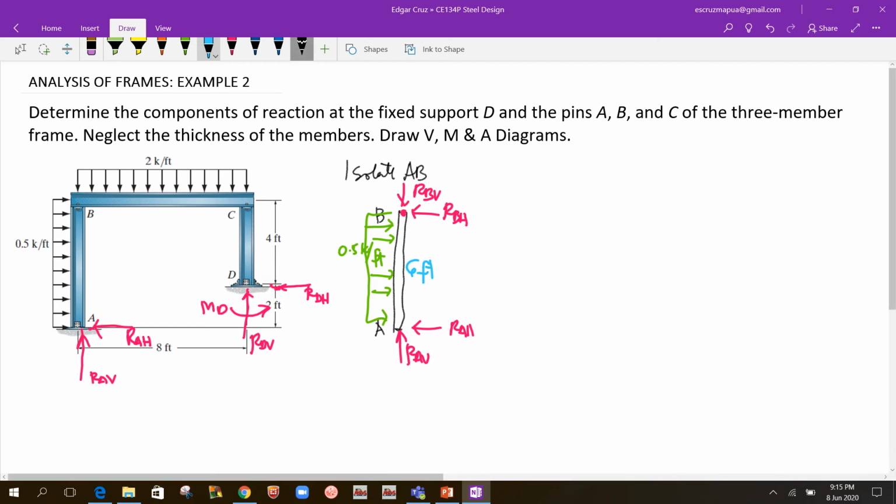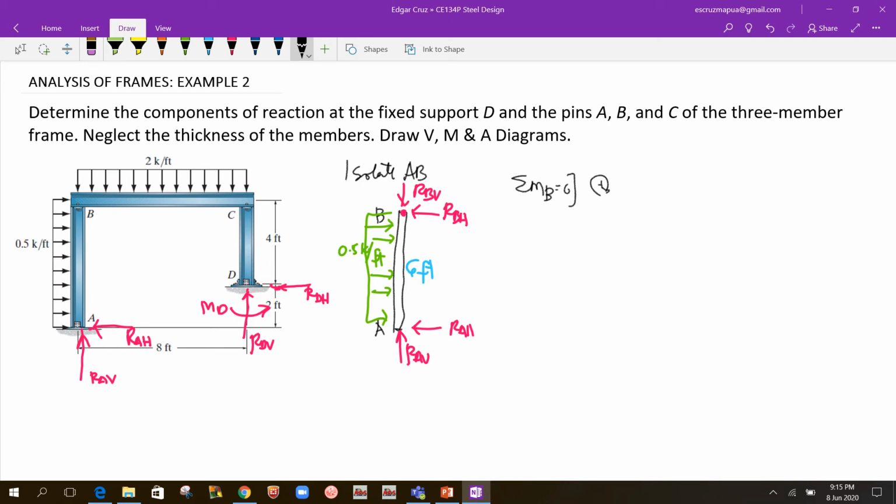Applying statics here, let's sum up moments at B equal to 0, with clockwise as positive. What are the moments at point B? These two reactions will disappear.